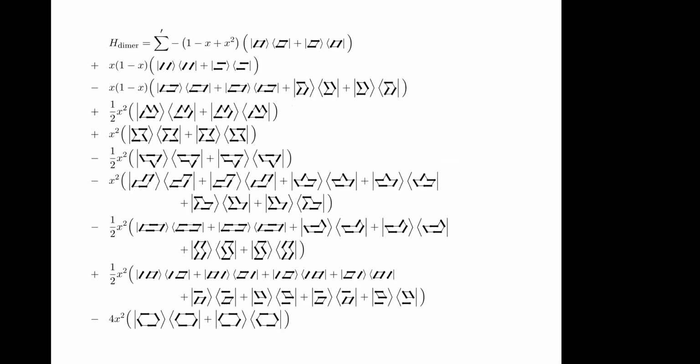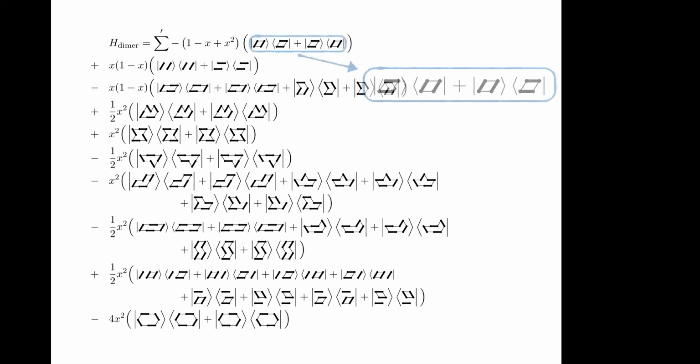Carrying out this procedure for the SU(4) model, this is the full dimer model we obtain going up to second order in x, or equivalently up to loops of length 8. So we have here basically the standard dimer hopping term on a plaquette.